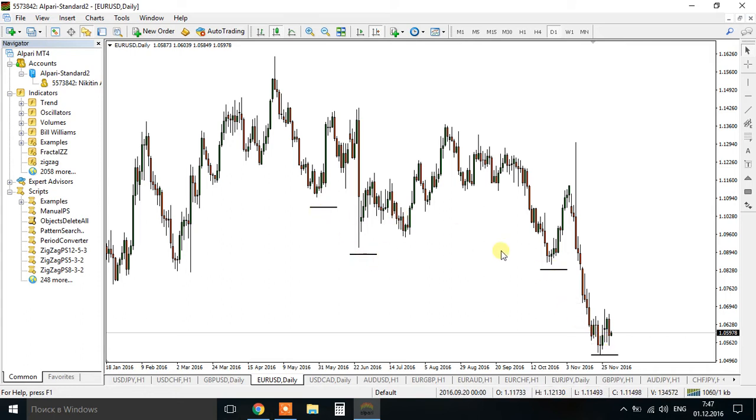It is a series of lower lows. If you pay attention to this high, yes, this high is lower, this high is lower, this high is lower. So it is a series of lower highs. A series of lower lows followed by lower highs is a downtrend.